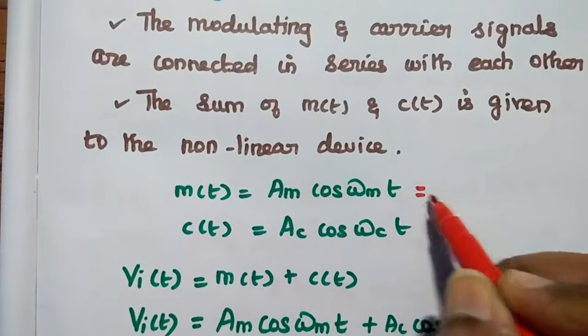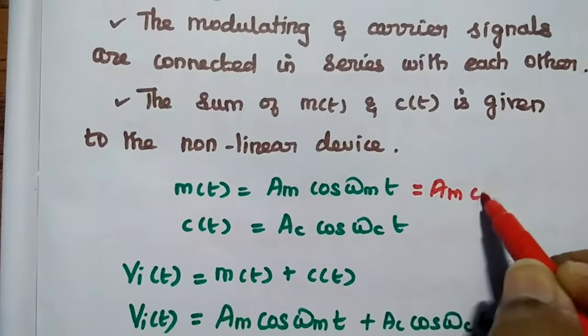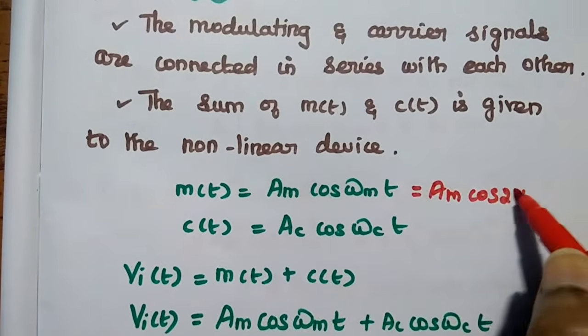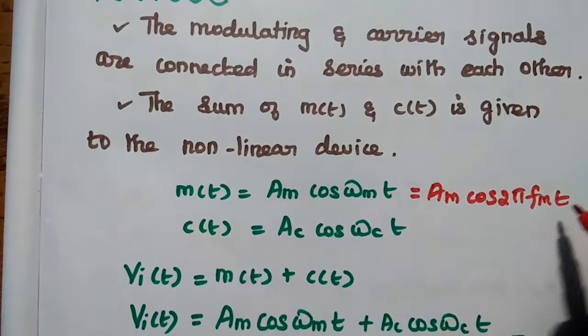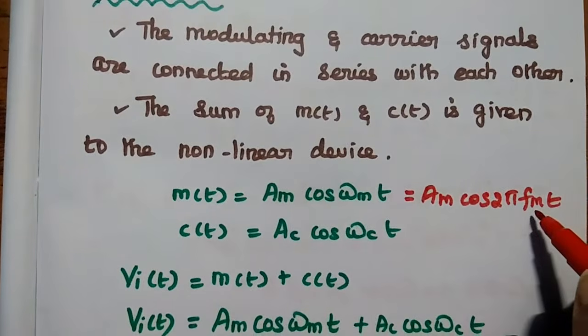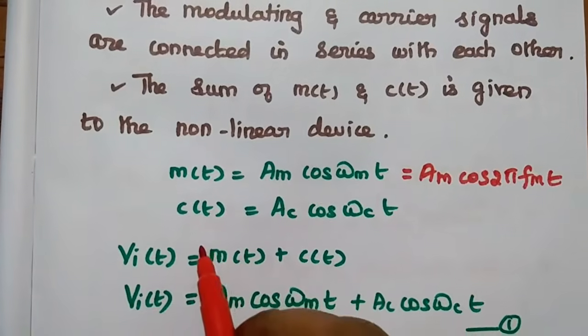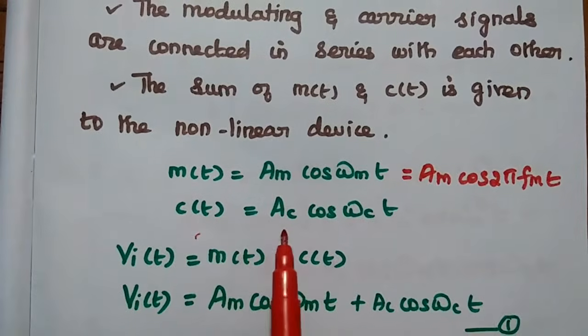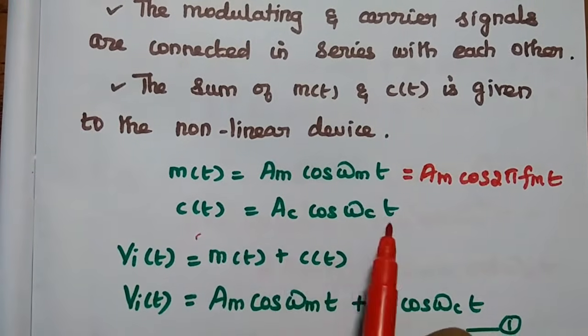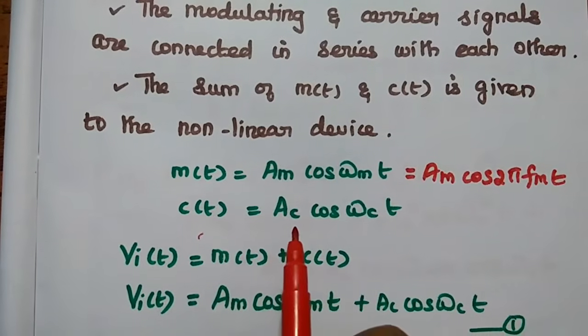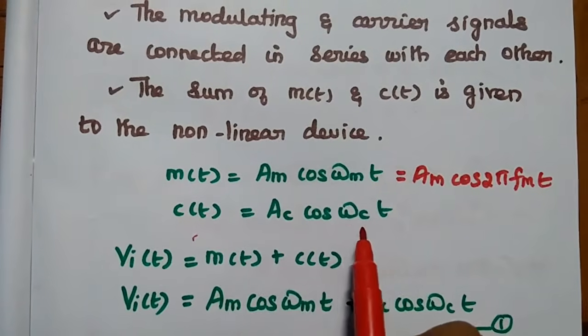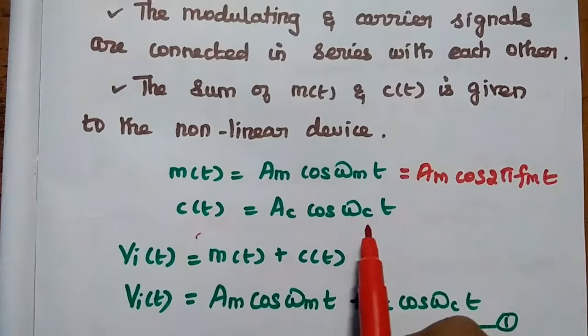This can also be written as Am cos 2 pi fm t, where fm is the modulating frequency. C of t, the carrier signal, is equal to Ac cos omega c t. Ac is the amplitude of the carrier signal. Again, omega c can also be written as 2 pi fc.